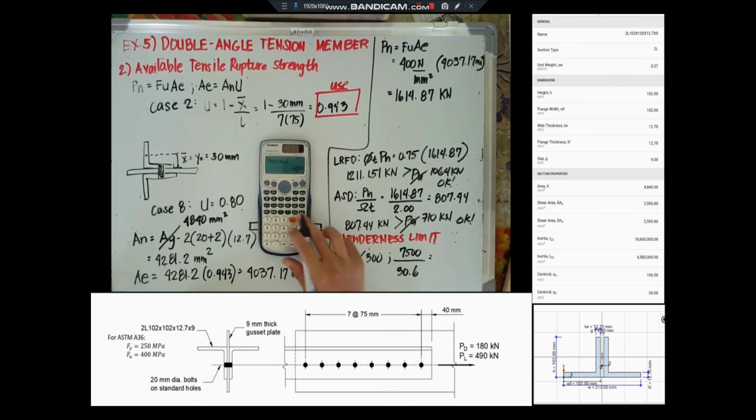So our slenderness limit would now be equal to 245.1. And now we can conclude that the double angle that we design is adequate to carry the given loads.